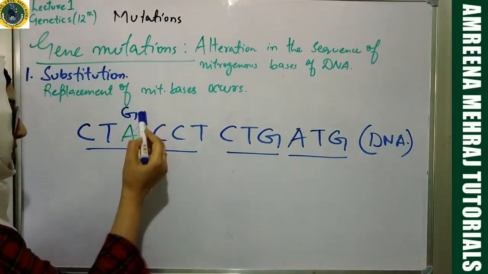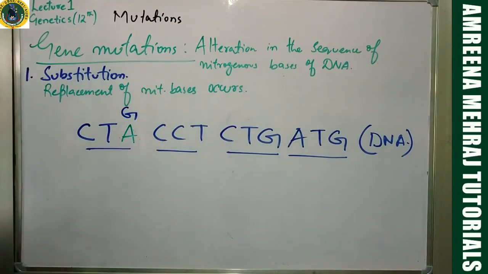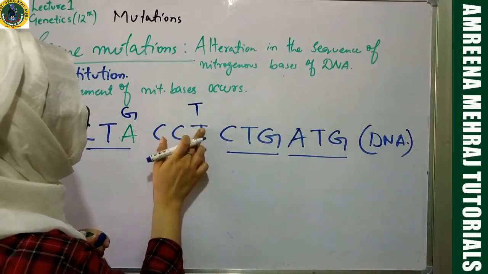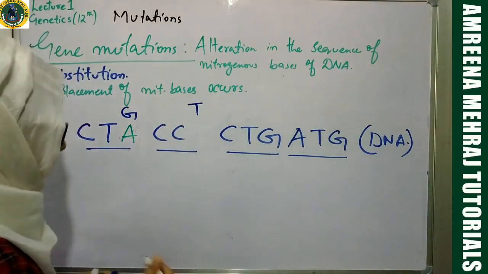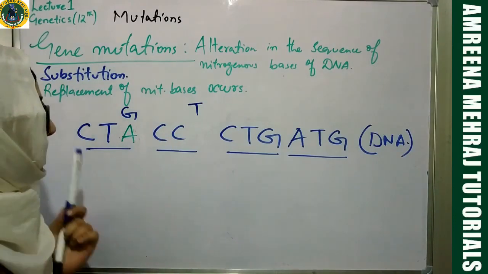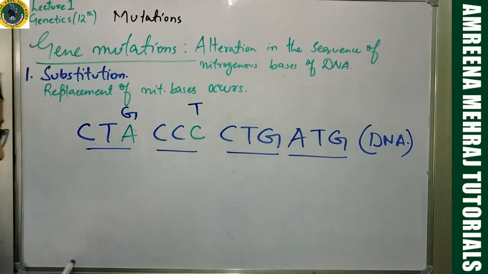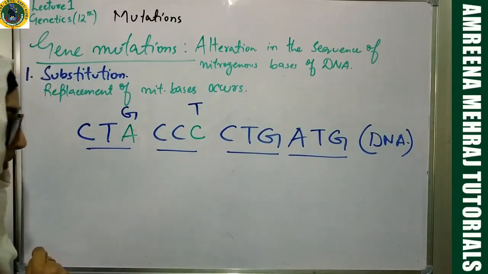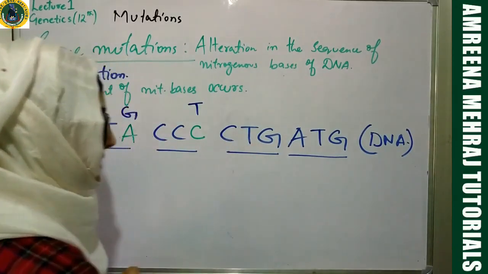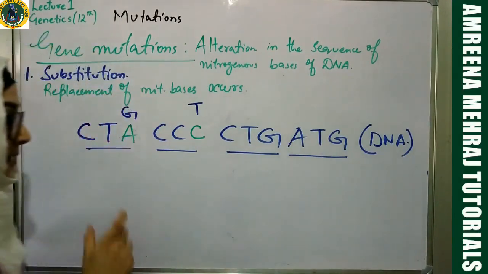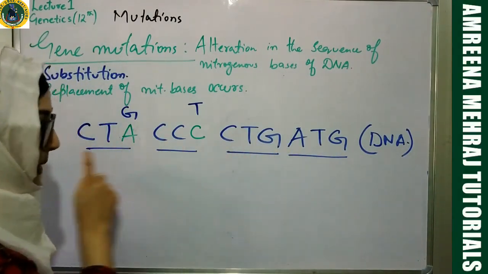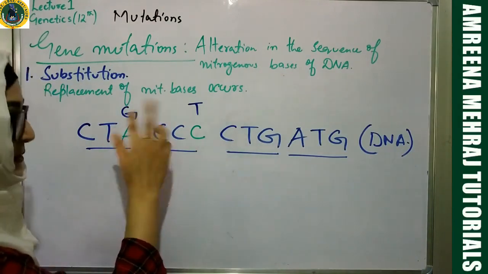Substitution type of mutation, because guanine is being substituted by adenine. Or we can say for example, this is thymine. So earlier what was over here? Thymine was over here. This got substituted by cytosine. So if something like this is happening to the sequence of your nitrogenous bases in DNA, this type of change, this type of error, this type of alteration is called substitution.